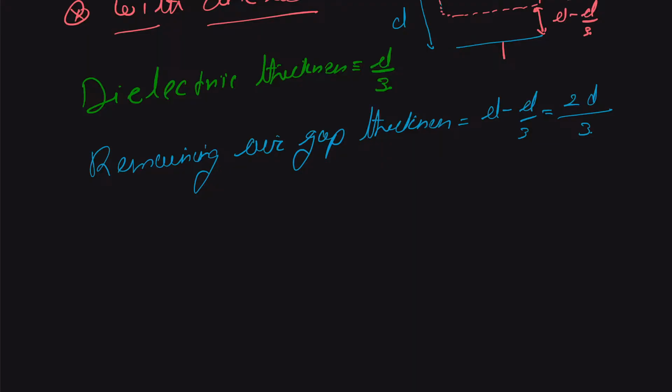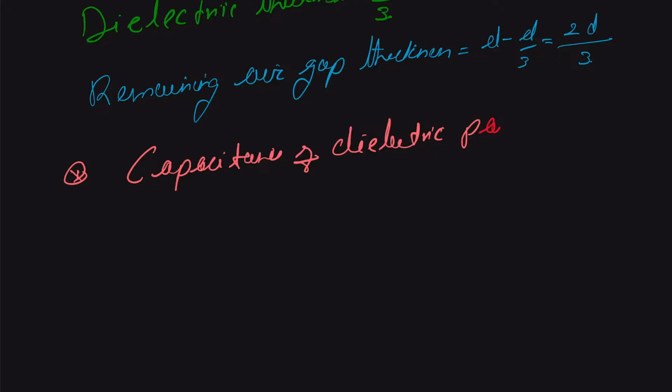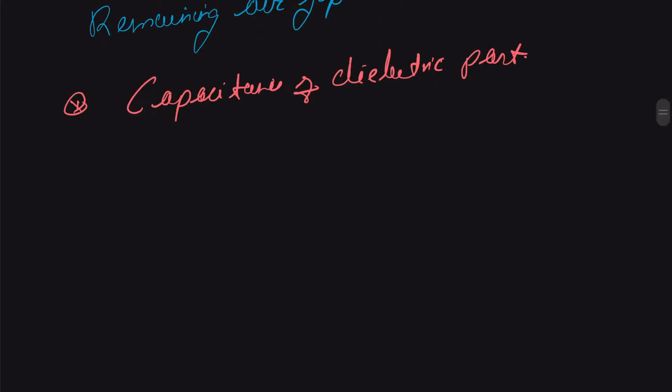So let's find out the capacitance of the dielectric part. Let us call this C dielectric, which will be equal to K epsilon A upon T, where T is the thickness of the dielectric and K is the dielectric constant, so this is 3, and area A is the same, epsilon, and T is d by 3.